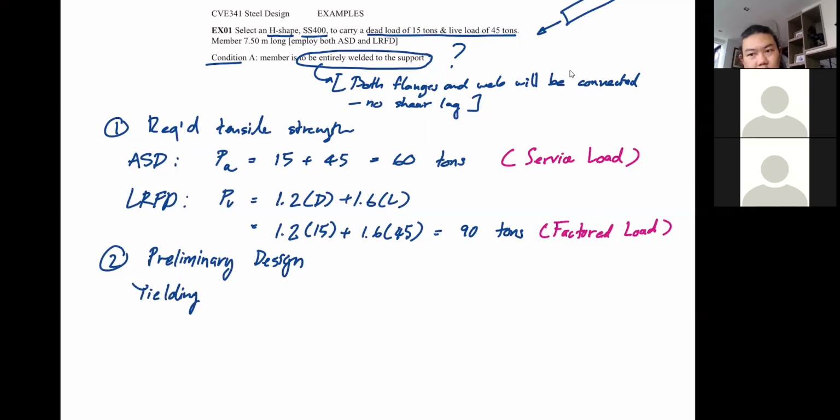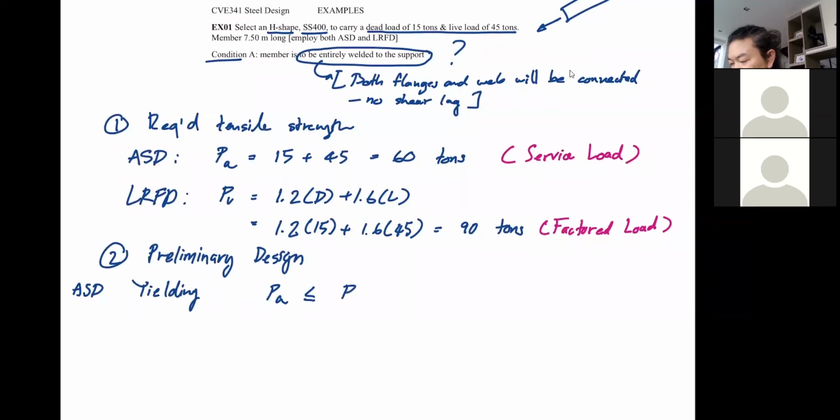And we know that the only universal design equation is that PA cannot exceed our design strength. I have to say ASD in front as well. And our design strength, if it is ASD, is P nominal divided by factor of safety.